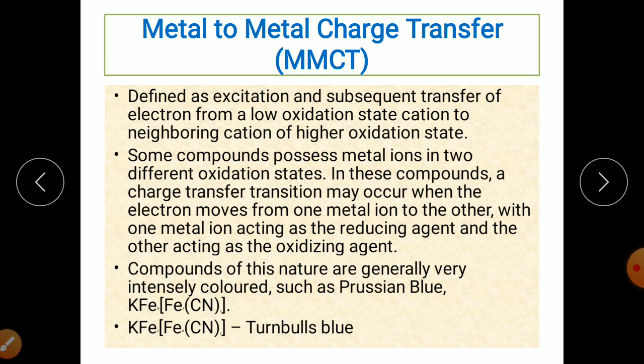Some compounds possess metal ions in two different oxidation states, one is plus 2 and another is plus 3. In these compounds, charge transfer transition may occur when the electron moves from one metal ion to the other. Consider the case of KFe3, Fe2, FeCN6, the Prussian blue color.